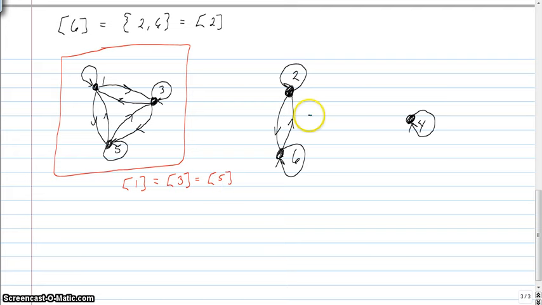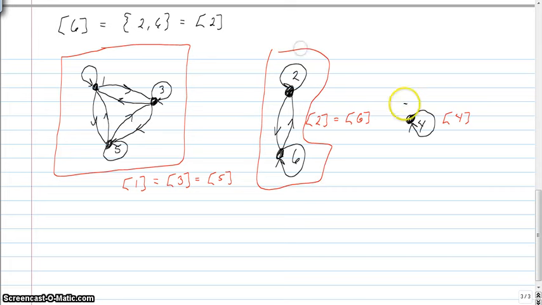Then here in the middle, you've got the equivalence class of 2 and 6. And then out here, the equivalence class of 4. So if you draw the digraph, the equivalence classes kind of separate themselves. You get a nice visual of the natural grouping of the relation.